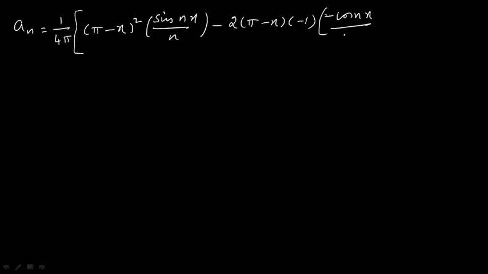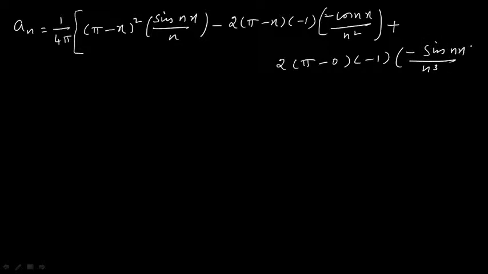(Pi minus x) the whole square. v1 is sin nx divided by n] minus [u dash, that is twice (pi minus x) times minus 1], then u dash v2, v2 is minus cos nx divided by n square, plus, I am just writing the third term here, twice (pi minus 0 minus 1) of minus sin nx divided by n cube. Here the limit is from 0 to 2 pi.